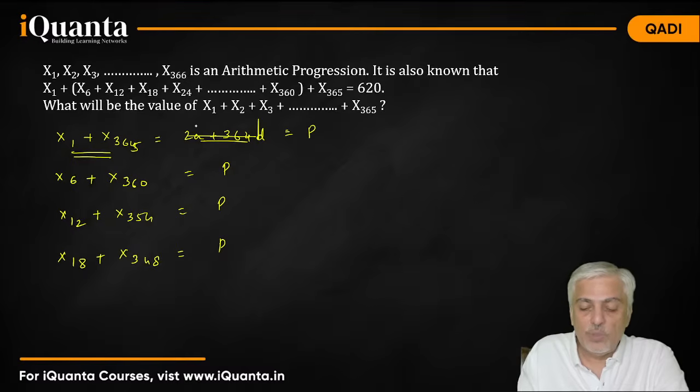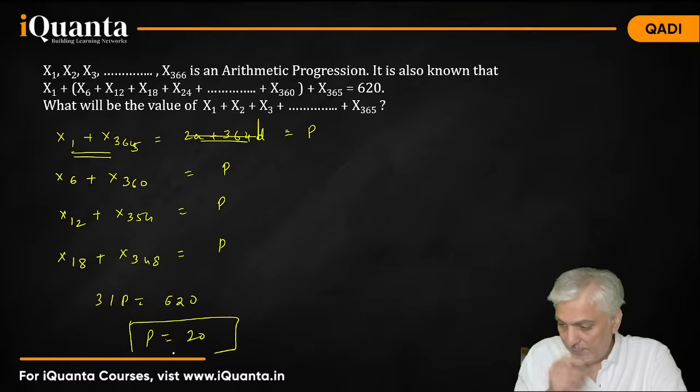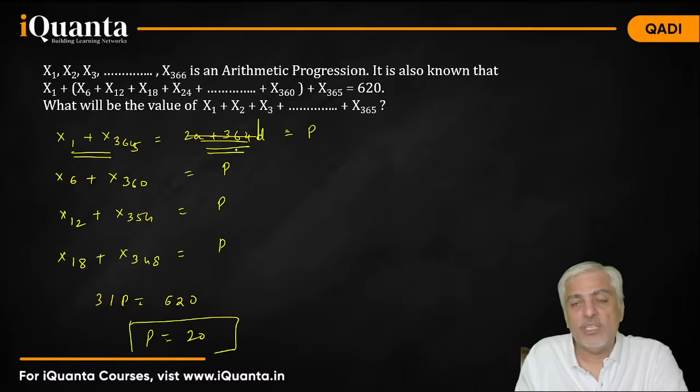And that way you will get p 31 times. So 31p comes out to be 620 and p is therefore 20. Now is it clear, Vishal? Whether you take this 2a plus 364d or not doesn't matter.